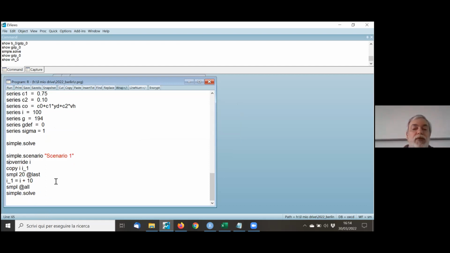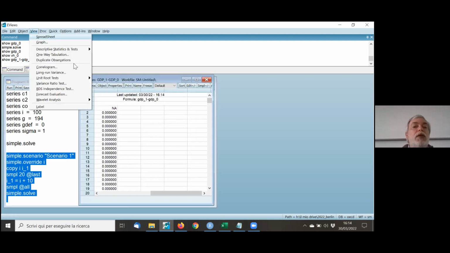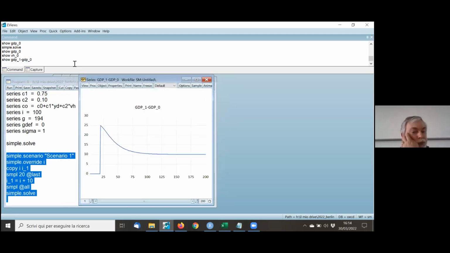I forgot to have simple dot override. So we can look now at GDP, and this is what you get.